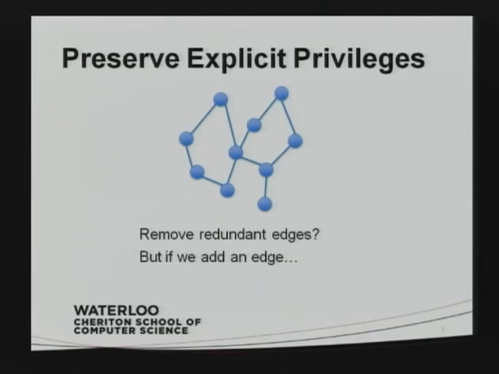Now when I delete that edge, the system will have to automatically insert another edge that says, well, you deleted the membership of this subject in this group, but the privileges should still be inherited from all of the other higher groups because, after all, the privileges used to come from all of those groups.